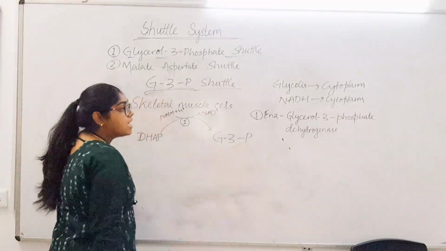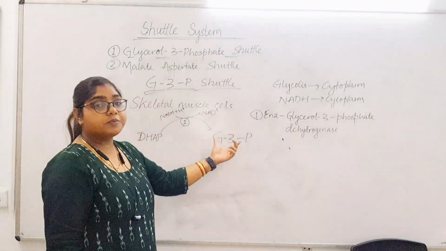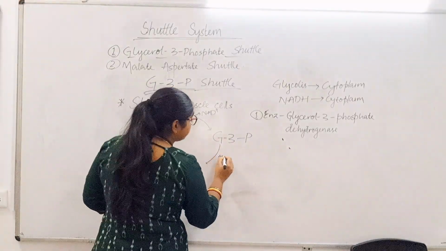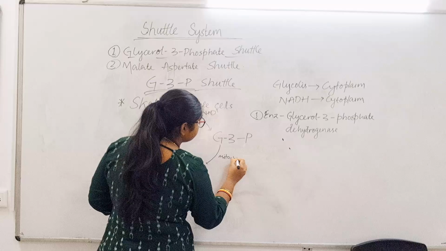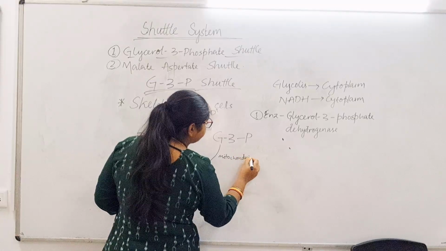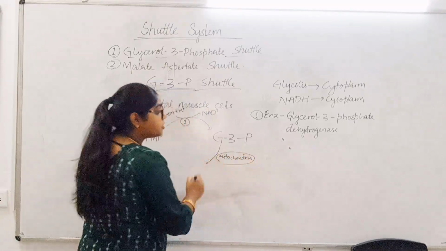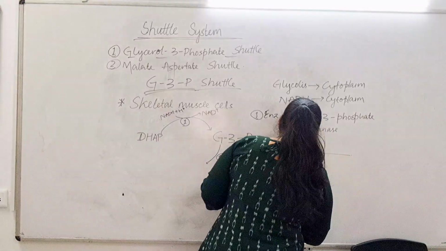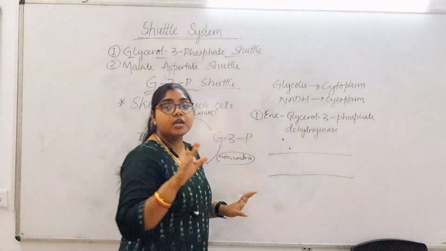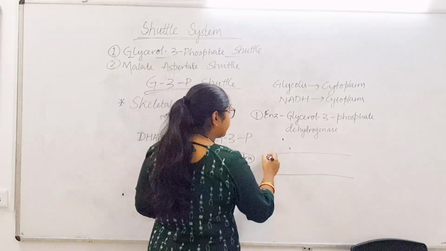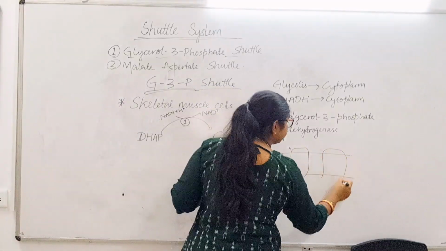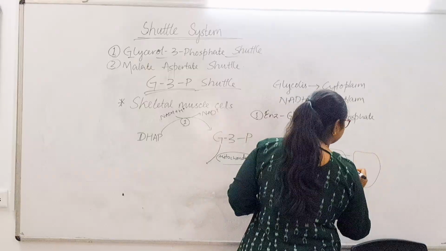glycerol 3-phosphate. Now this glycerol 3-phosphate will enter the mitochondria. And here in the inner membrane of mitochondria, in the electron transport chain we have studied there are 4 complexes: complex 1, complex 2, complex 3 and complex 4.